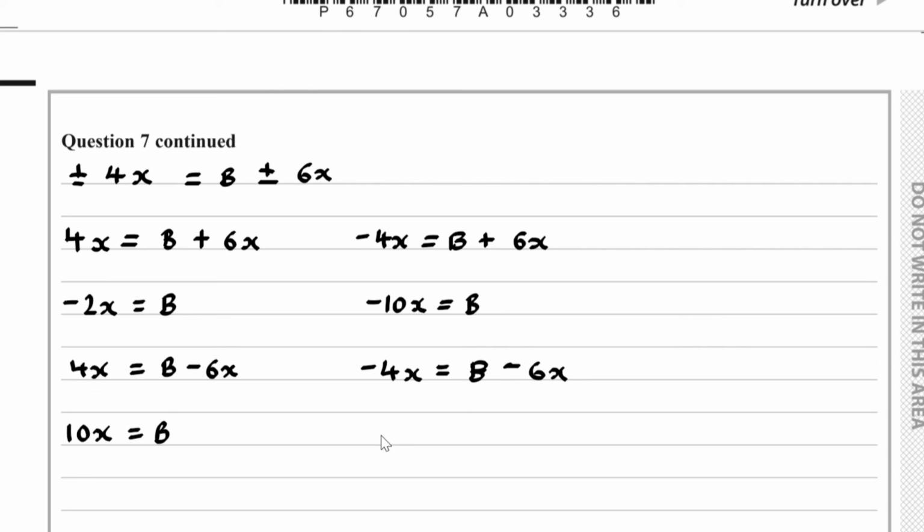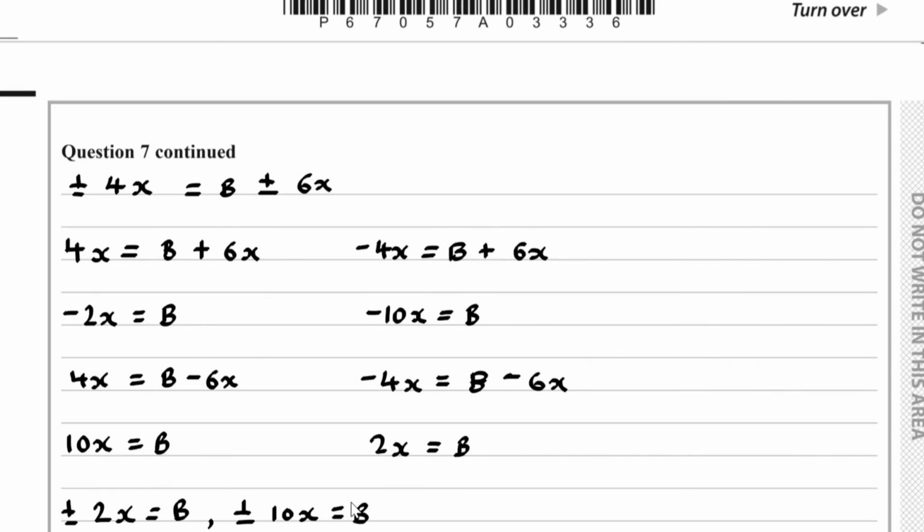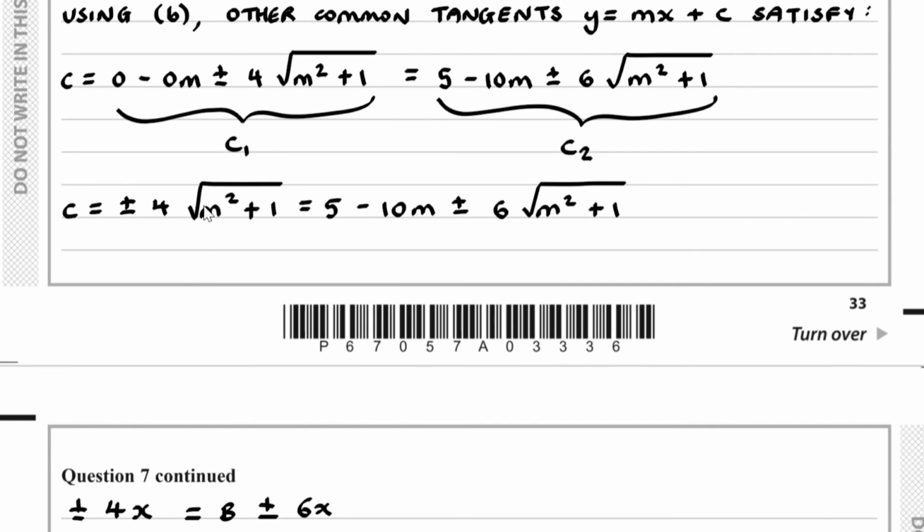Well, here you can see that 2x is equal to b. So what we have are multiple solutions. We've got plus minus 2x equals b, and we also have plus minus 10x equals b.